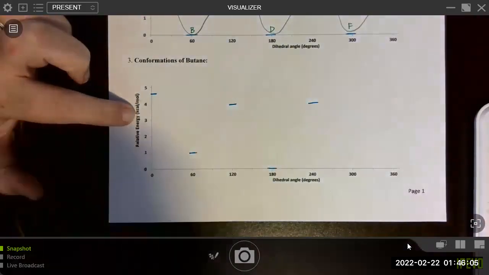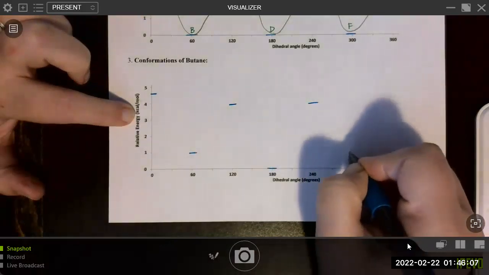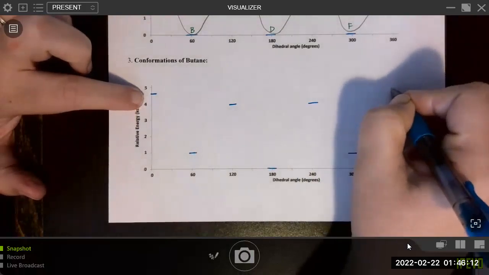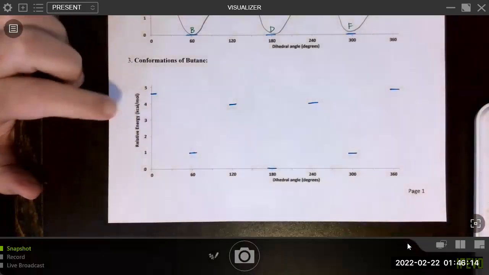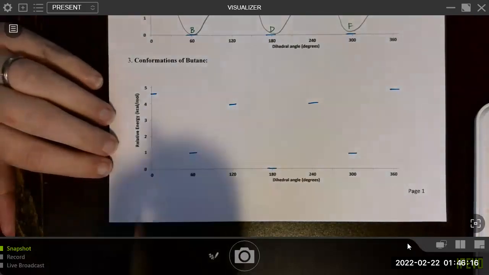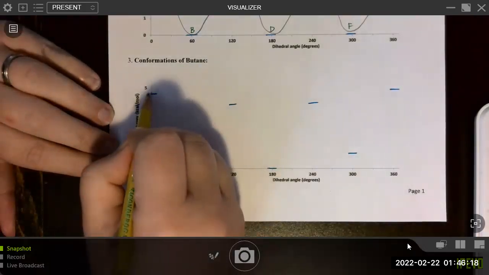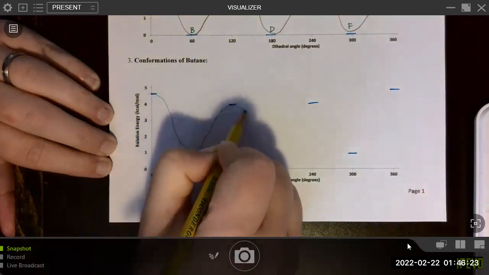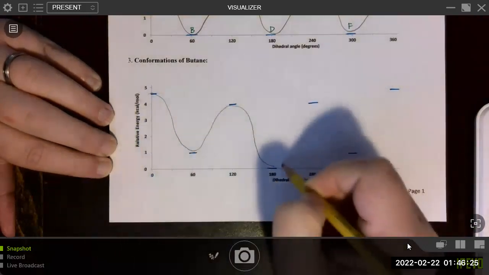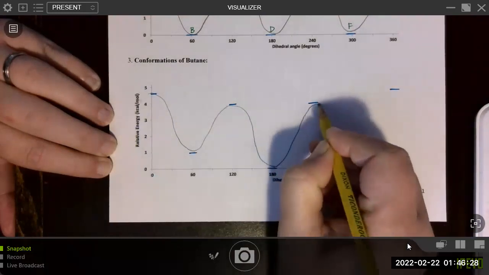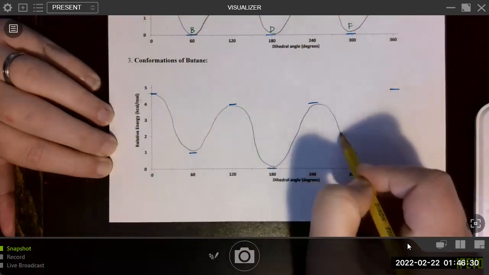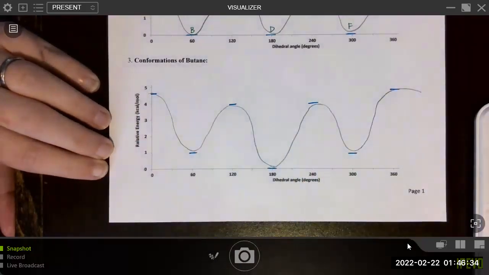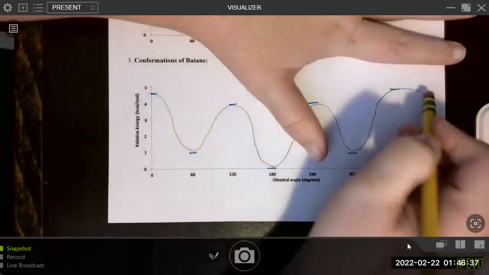Down to 0.91. Then up to the highest 4.5. Okay, and then we can work on connecting those to the best of our artistic ability. Something like that. Okay, and we'll just stop.